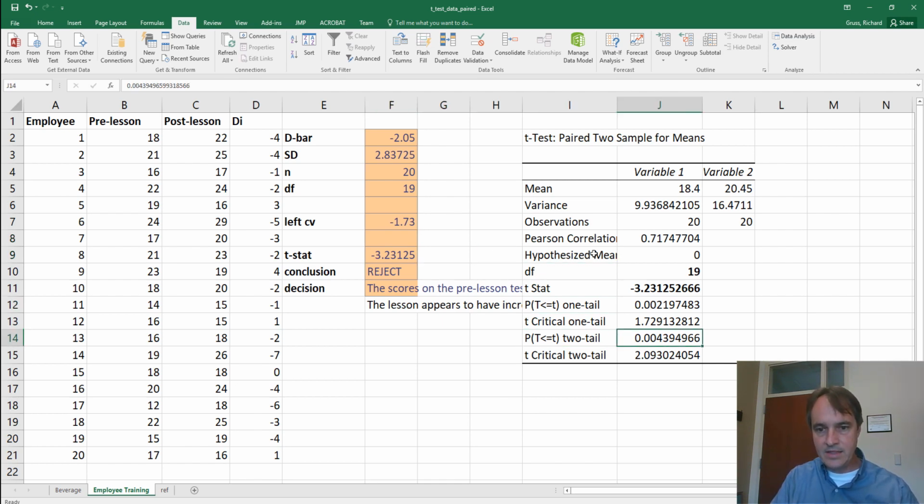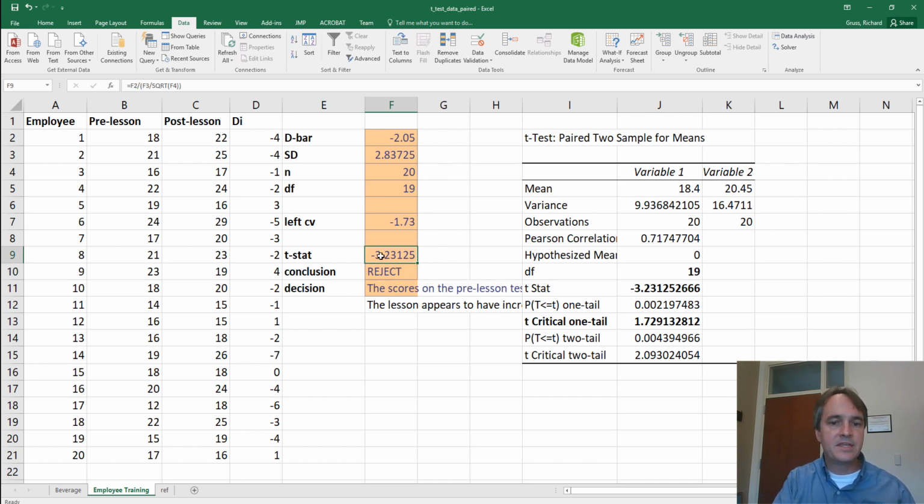And they did calculate a t critical value for one tail. They only do it for one side. They don't give you the left and the right because they assume that you know the left tail would just be the negative of that. We had the left critical value here, negative 1.73, so we rounded a little bit.